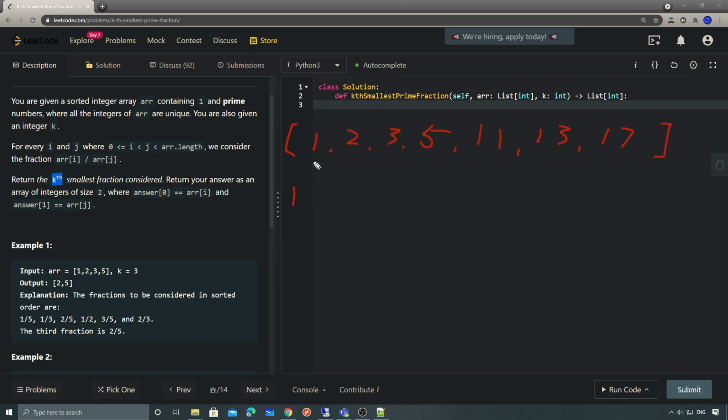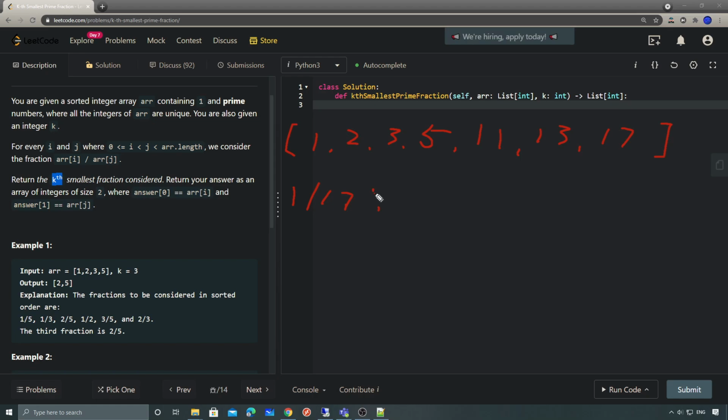So for each element, let's say starting from 1 here, the smallest one among all those elements is the first one divided by the last element, which is 17. This is basically 1 divided by 17, the smallest number by fixing the first element, right?